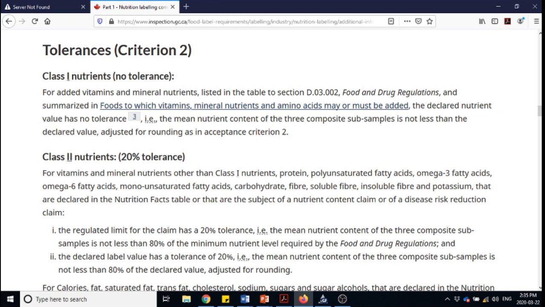For class 1 nutrients, these are those nutrients that are added intentionally by the manufacturer. The mean nutrient content of the 3 composite subsamples is not less than the declared value adjusted for the rounding.